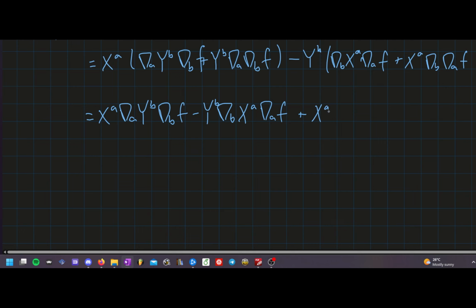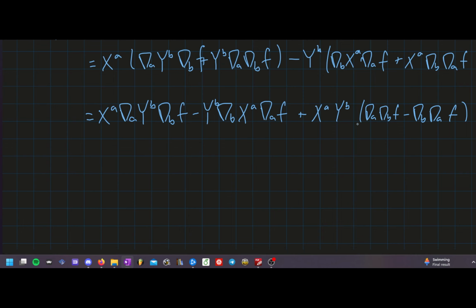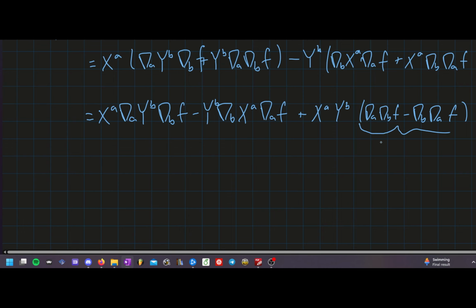These are components, so it's okay if they move through each other. And we're going to have nabla a, nabla b on f minus nabla b, nabla a on f. So this, as per part A, is simply minus T c a b times nabla c of f.